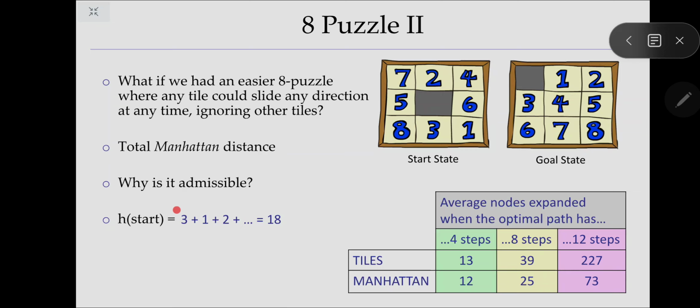I say that heuristic is 3 for 7. Again for 2.